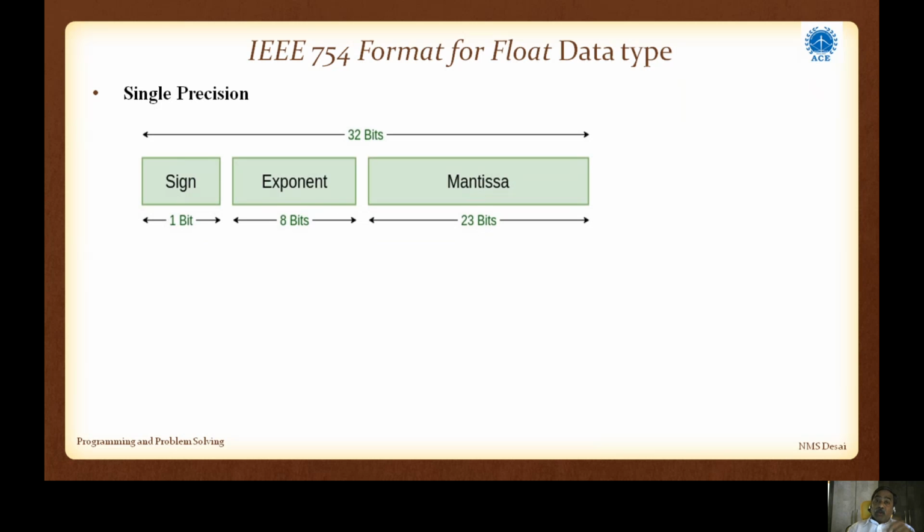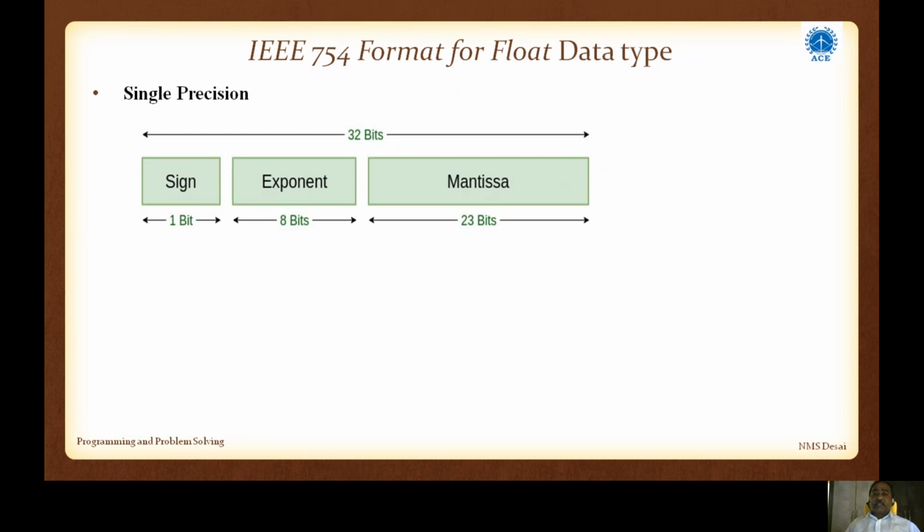So in order not to lose a bit, what is done in the IEEE format is that the exponent is biased. Instead of using the most significant bit for sign, the actual exponent is increased by a certain number, called the bias.